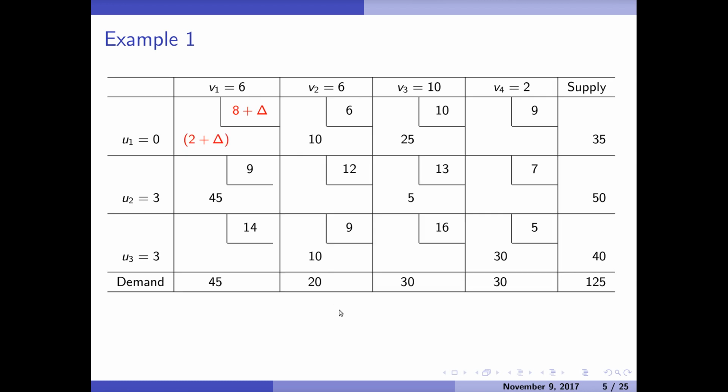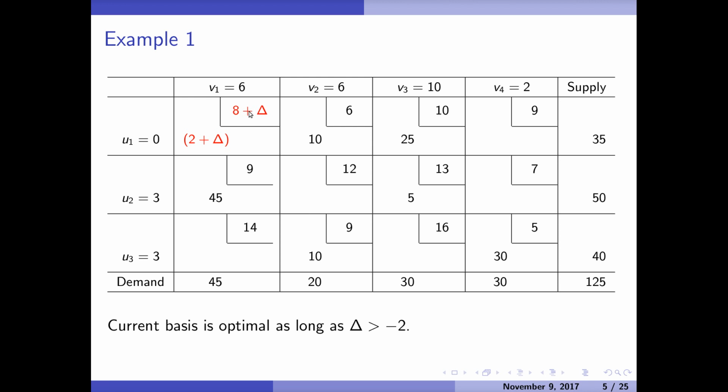That's the only thing that needs to change. In order for the current basis to remain optimal, we require that row 0 stay positive. And so 2 plus delta must be greater than 0. Therefore the current basis is optimal as long as delta is bigger than minus 2. Good. So that was straightforward.